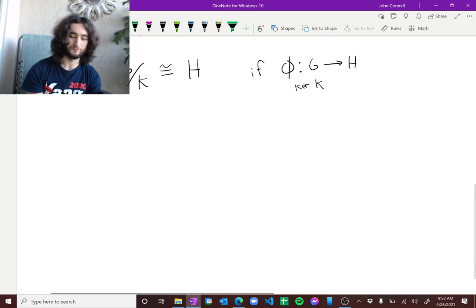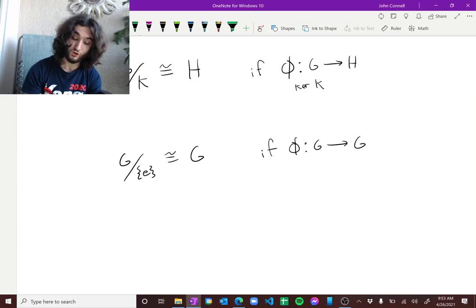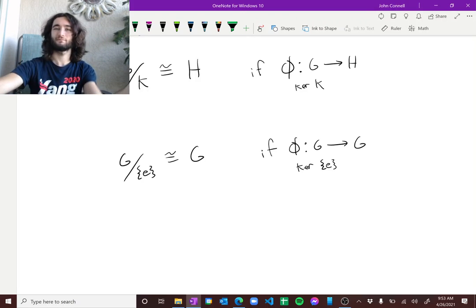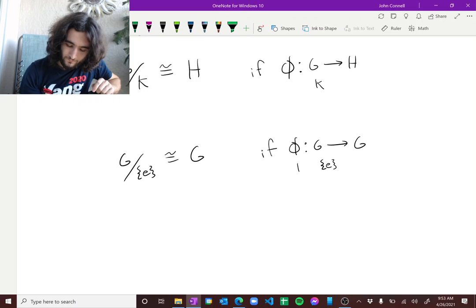So if we want this situation, then we need to find a function. If I just follow the pattern here, it needs to go from G to G, and the kernel of phi needs to equal just the identity.